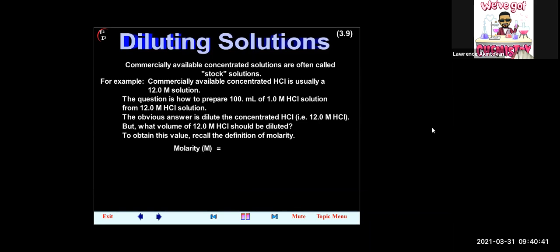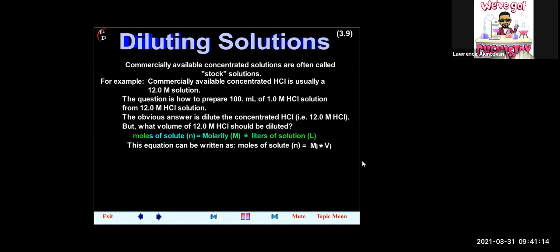Molarity, M, is equal to moles of solute, n, divided by liters of solution, L. Hence, moles of solute, n, equals molarity, M, times liters of solution, L. This equation can be written as moles of solute, n, equals Mi times Vi.